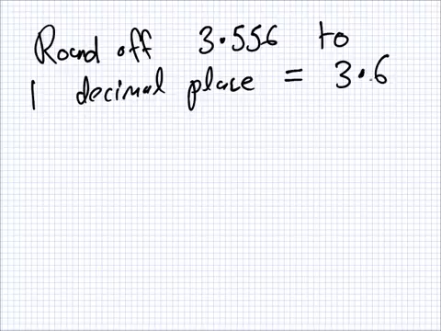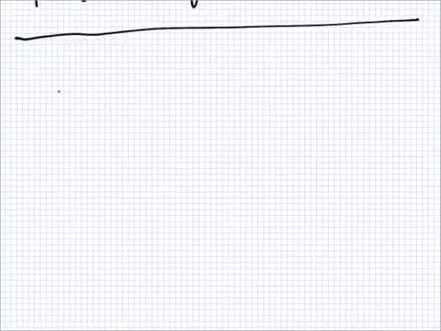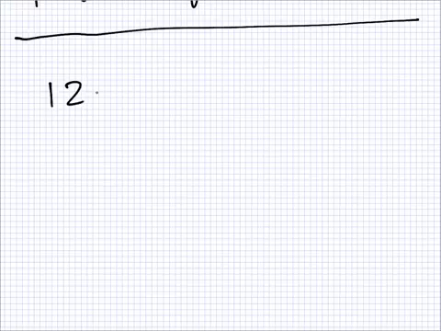Okay, so this is easy peasy. Okay, what about this one now? You have 1,235, and you can change it to 1,000.